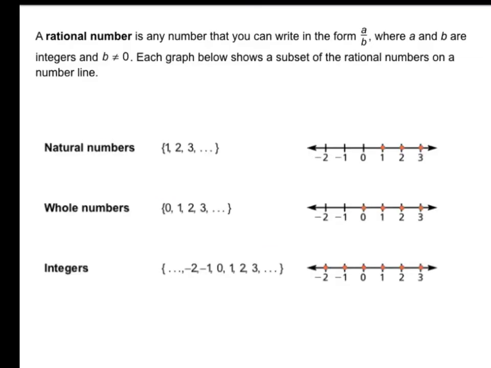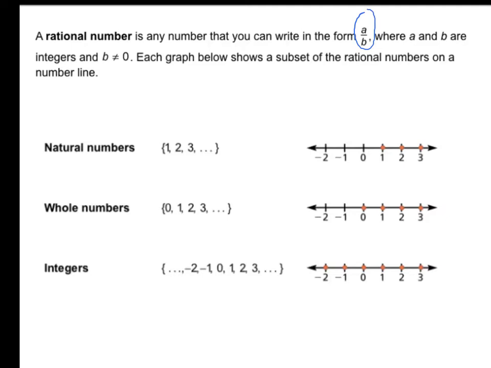A rational number is any number that you can write in the form a over b, the fraction a/b. A and b are integers, and b cannot be 0. Your denominator cannot be 0.